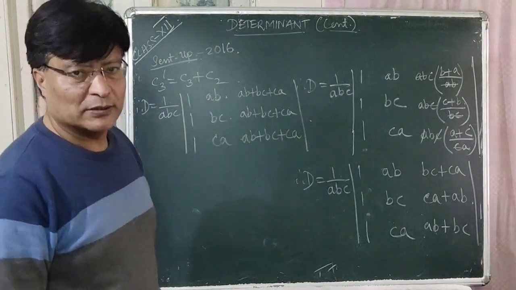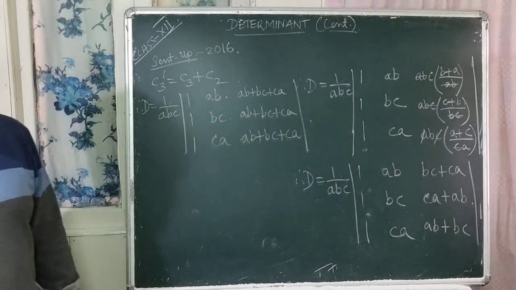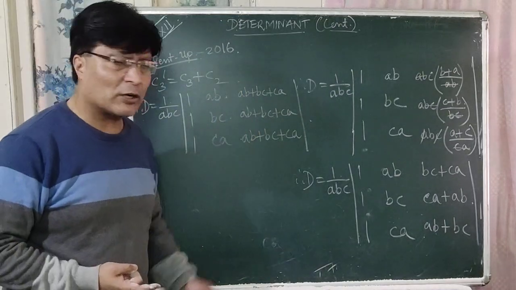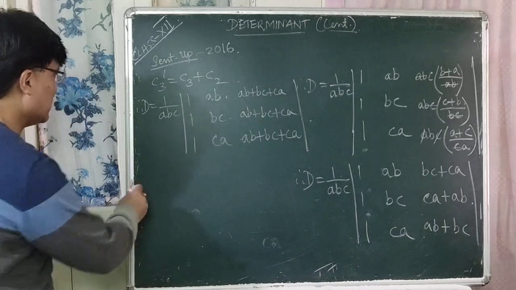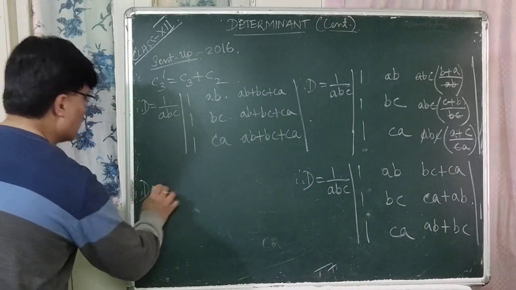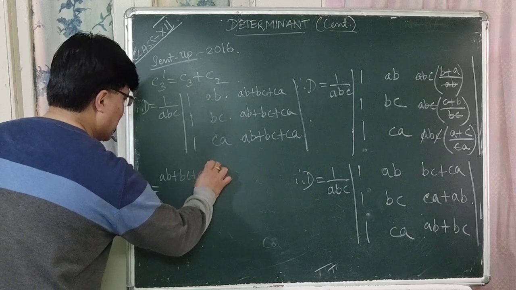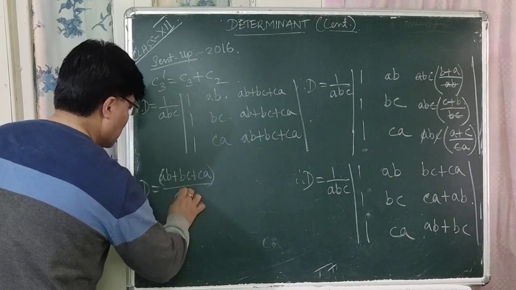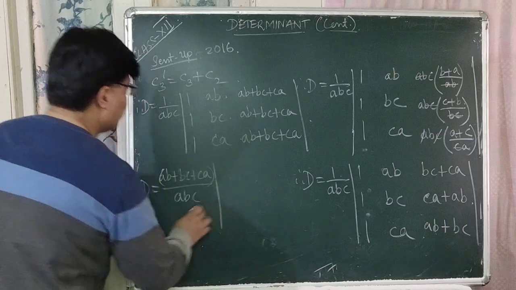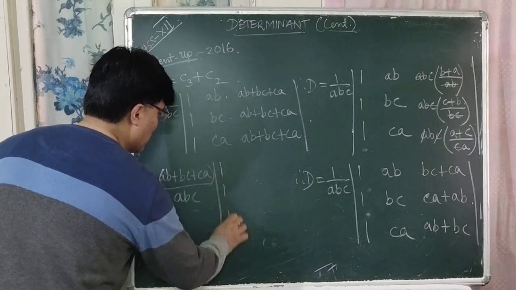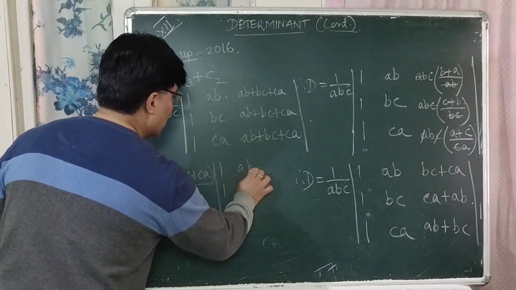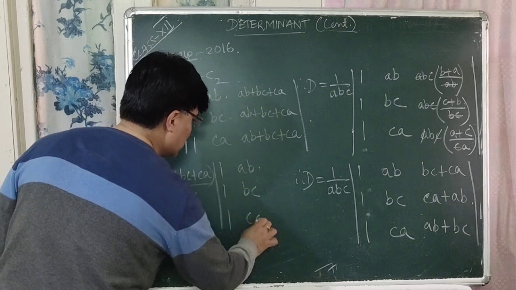Now you can take common from the third column. What is common out there? AB plus BC plus CA. So D is equal to AB plus BC plus CA taken common, the whole divided by ABC. What is the first column here? 1, 1, 1. Second column AB, BC, CA.